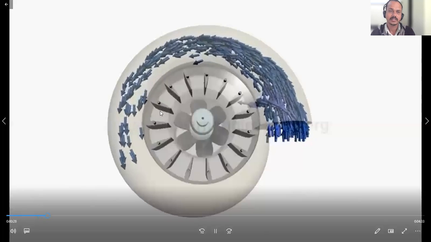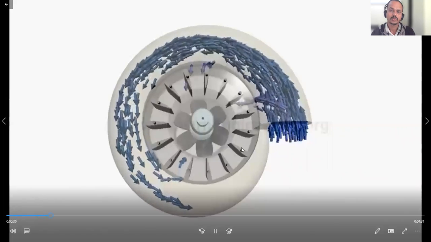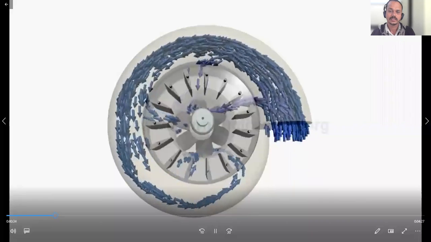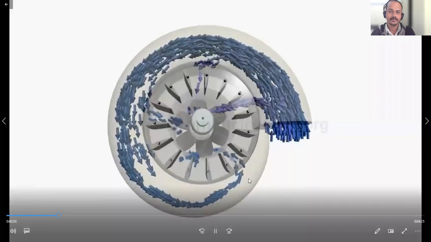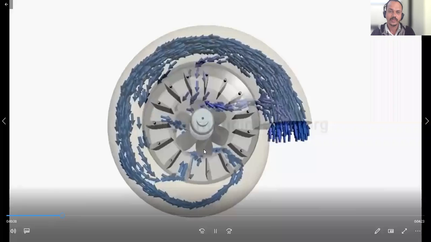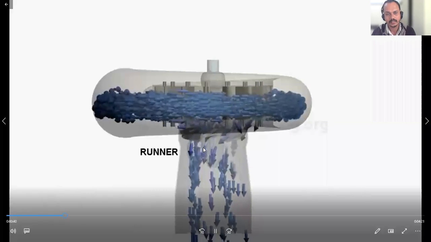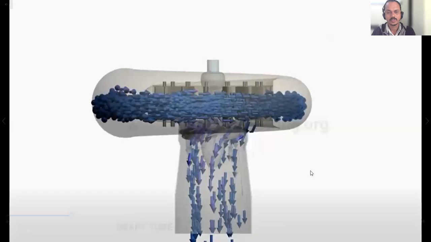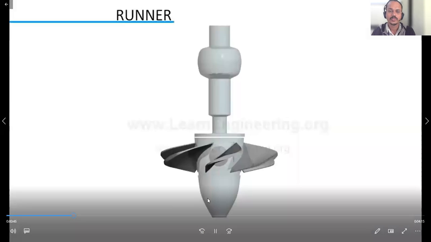These are the guide vanes which guide the water towards the turbine. When water strikes the vane, the runner starts rotating. So this is the draft tube, which is used to increase the pressure.